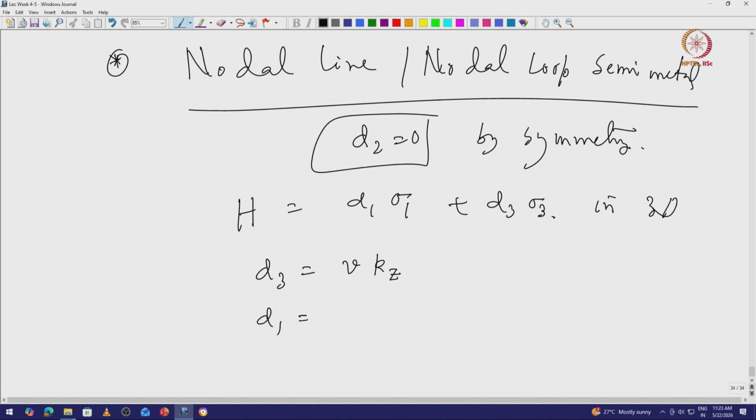Generally it turns out that for symmetry reasons the linear term won't contribute, it is the quadratic term, and we can take a quadratic term. You can take even more general.